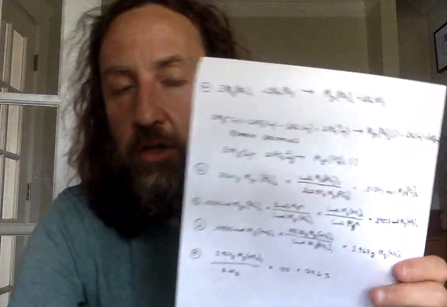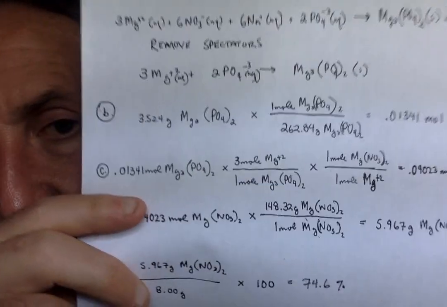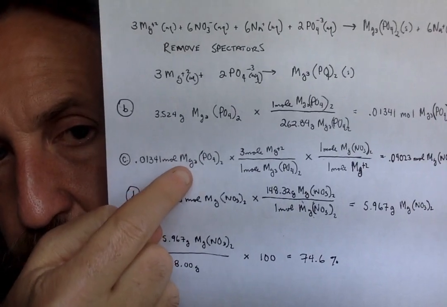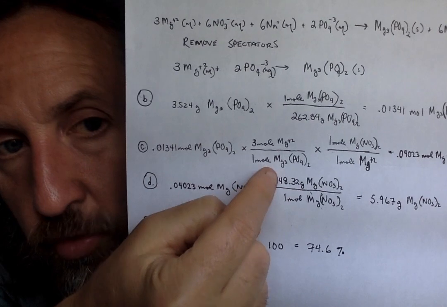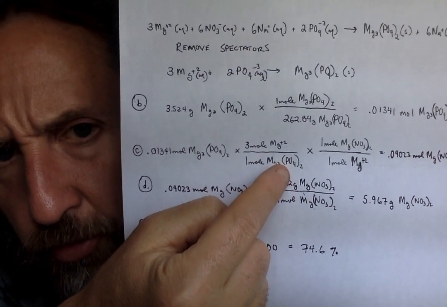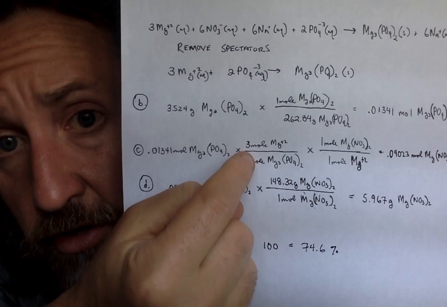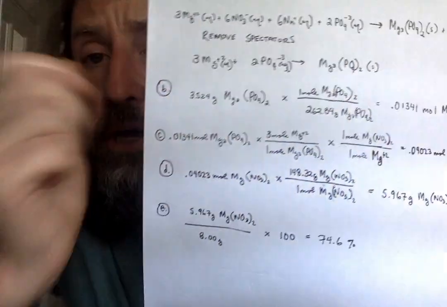So we have our moles of precipitate. Determine the moles of magnesium nitrate. Now here's where we get into our actual stoichiometry and our gravimetric analysis. I take the moles of the precipitate, and in 1 mole of that precipitate, because I have that little 3 by the magnesium, I know that there are 3 moles of magnesium. So in order to make 1 mole of magnesium phosphate, Mg3(PO4)2, I need 3 moles of magnesium and 2 moles of phosphate.